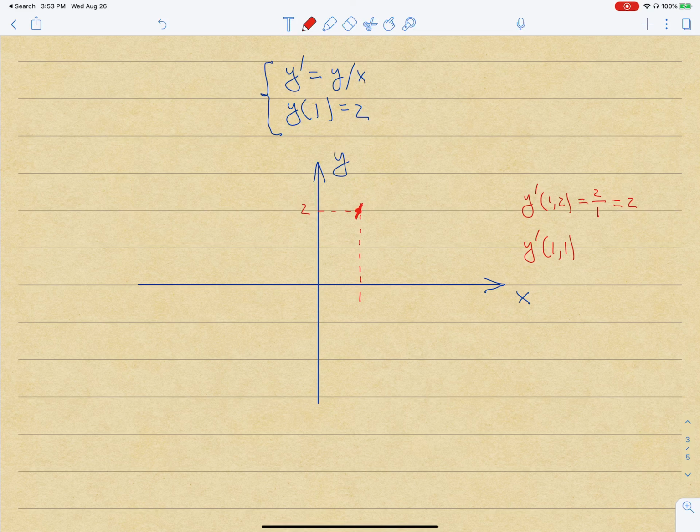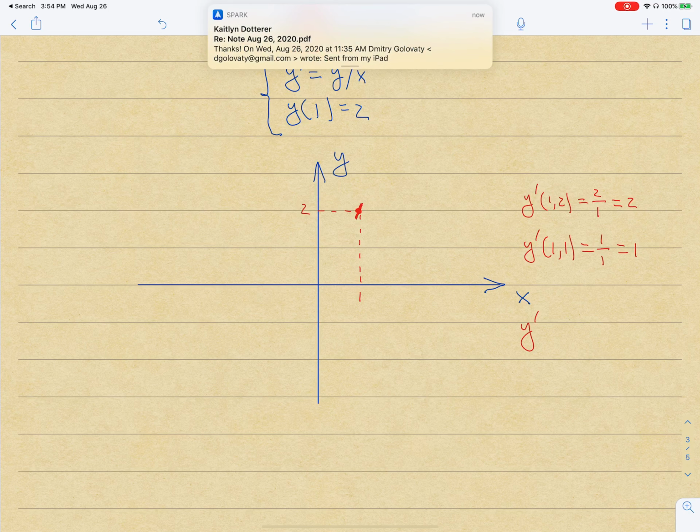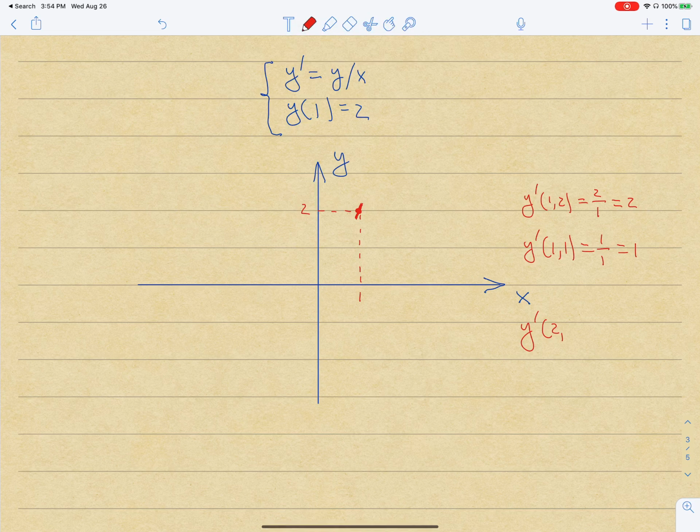So what's the slope at 1, 1? According to this expression, the slope at 1, 1 is going to be 1 over 1, which is 1. What is the slope at 2, 2? That is 2 over 2, so that is equal to 1 again.